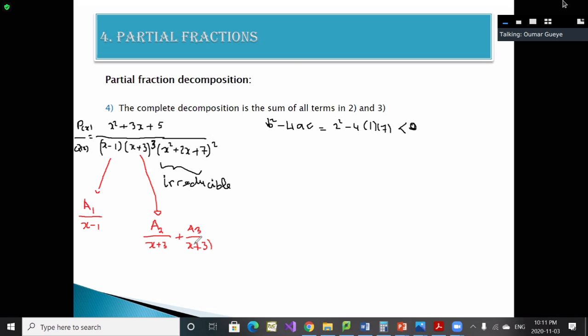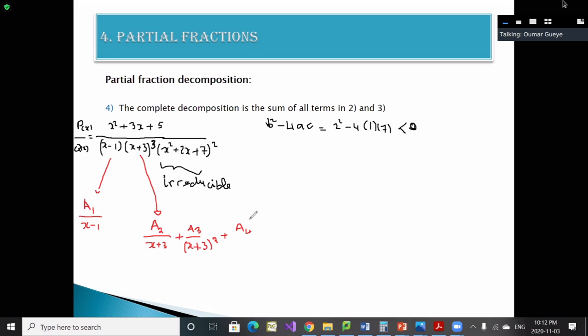For the second step, from each linear factor, you will get some terms. So here this linear factor is not repeated. That's why we got one term. This linear factor is repeated 3 times, so it's going to give us 3 terms. We're going to get here A4, for example. Okay, it doesn't matter if I use A1, A2, A3, or A4.